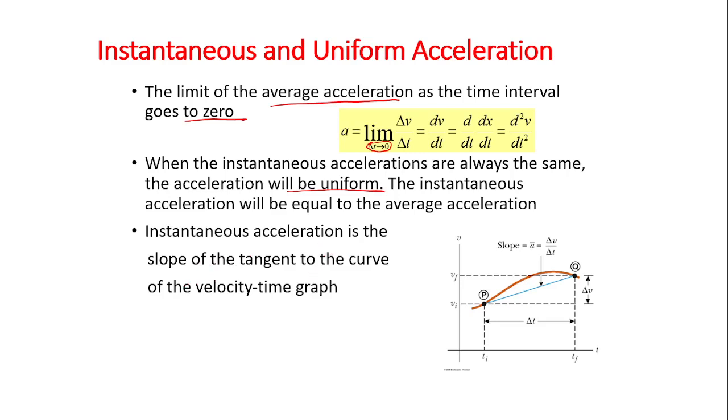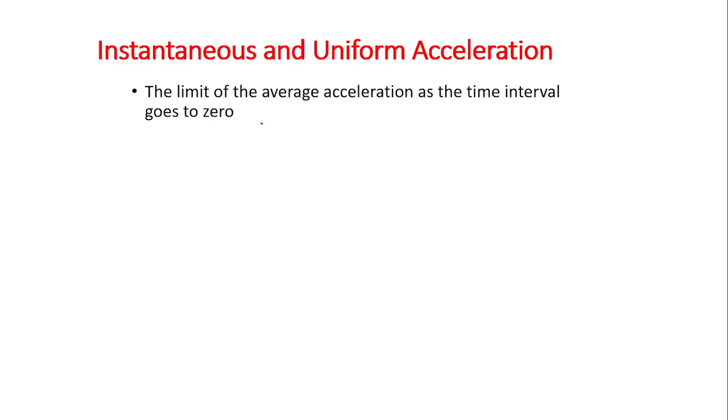Okay, so we can continue. When we talk of instantaneous acceleration, it's more like the same as the instantaneous velocity. So you need to understand that for instantaneous acceleration, the time is normally approaching what? 0.